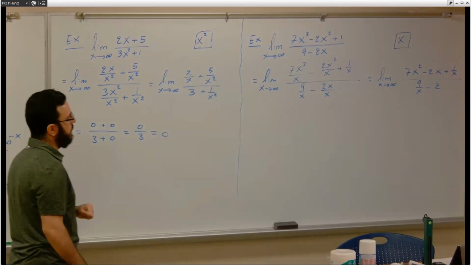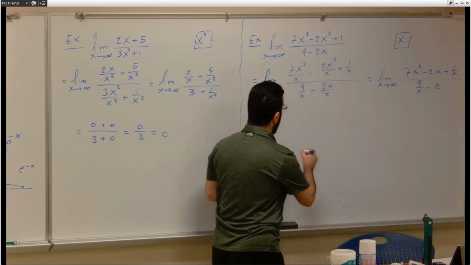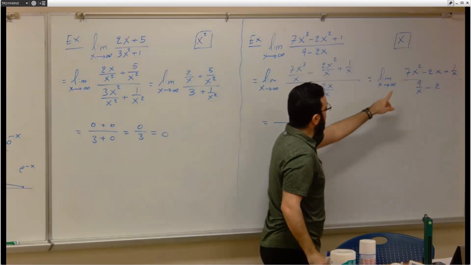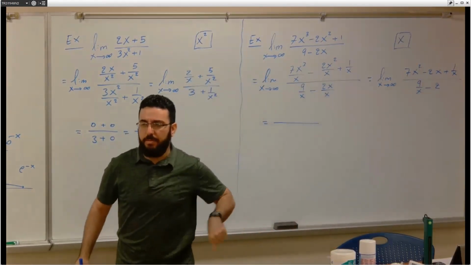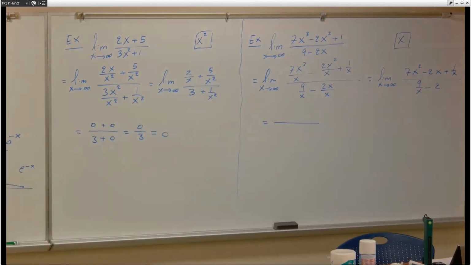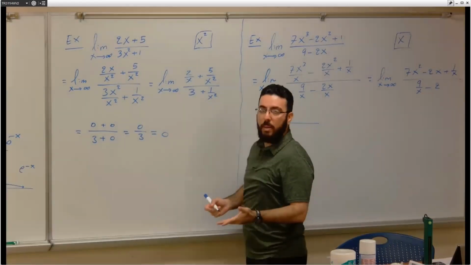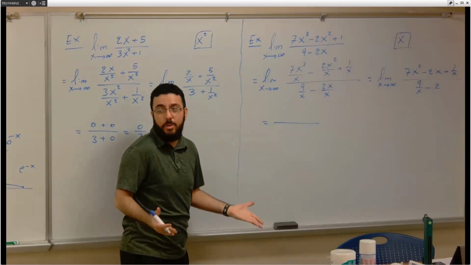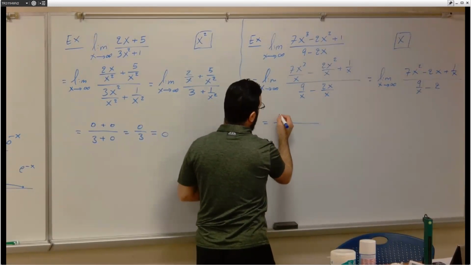Now, if you look at this one, the limit for the first part is going to be 7x squared. Keep the 7 out. What's the limit for x squared? Remember, the limit for x squared going where? From both sides, going to infinity. What about 7x squared? Is it still going to infinity? That means the limit for 7x squared is going to be infinity.